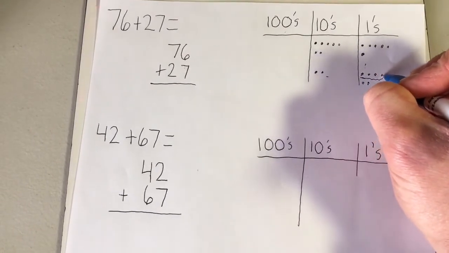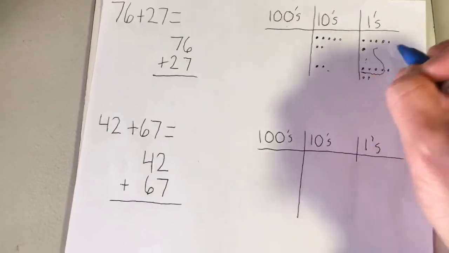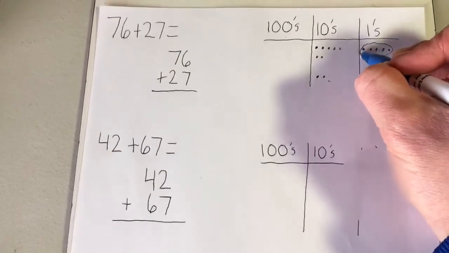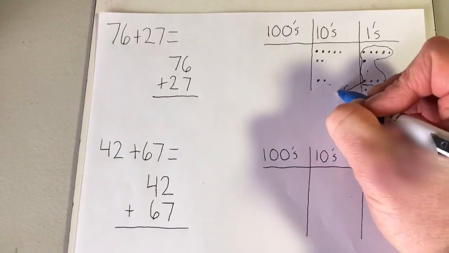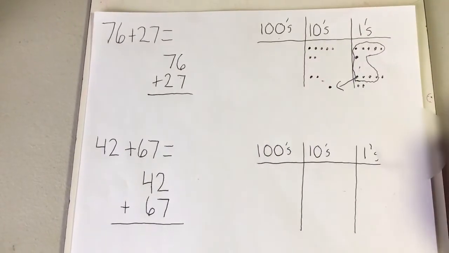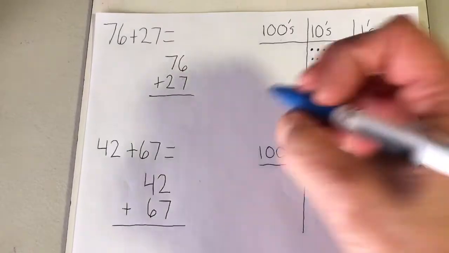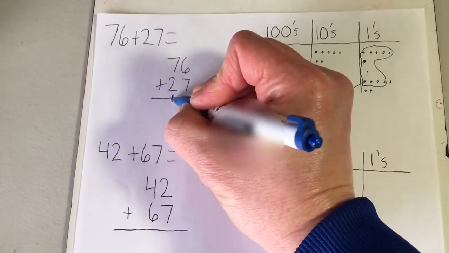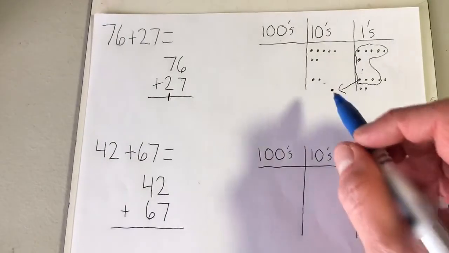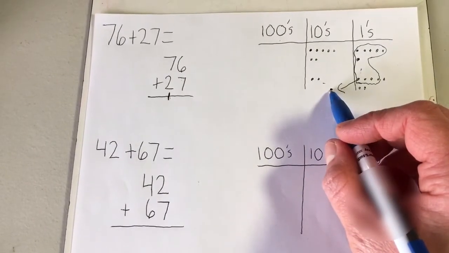So I need to circle that or bundle it. And I need to compose a 10. Okay? So what I did is I made that right here. That is my new group below. That is the 10 that I made.